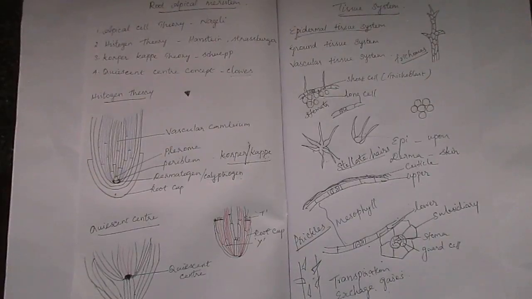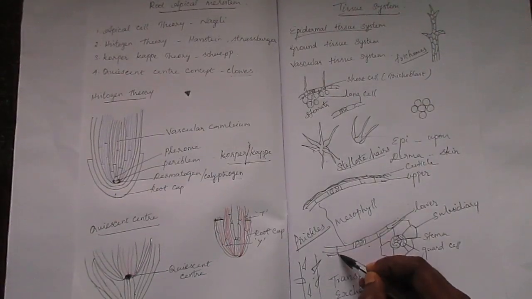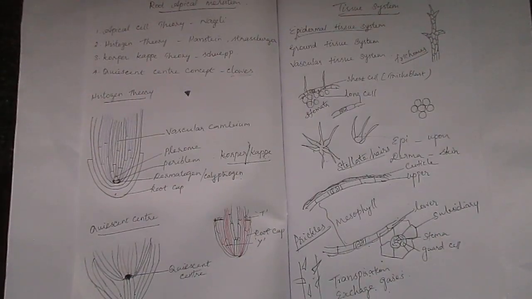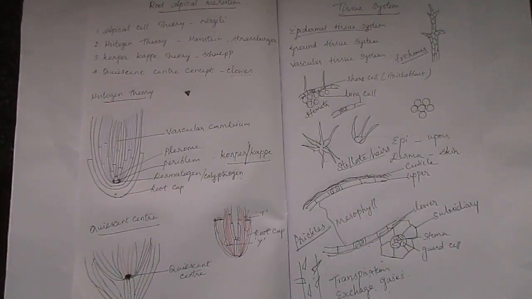Now, what are the functions of the epidermal tissue system? In the shoot, it checks excessive loss of water due to the presence of the cuticle. The epidermis is the outermost layer of the root, stem and leaf, which protects the underlying tissues.